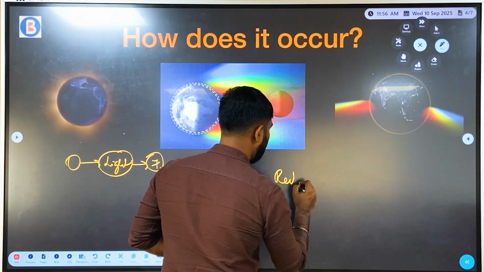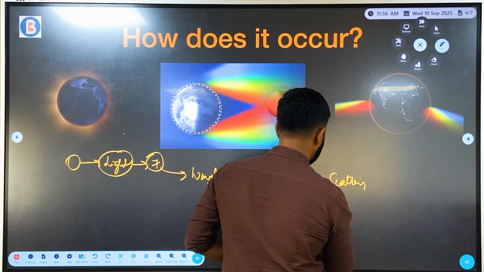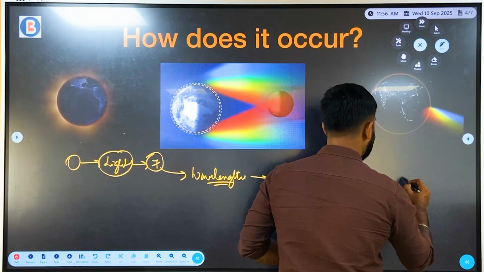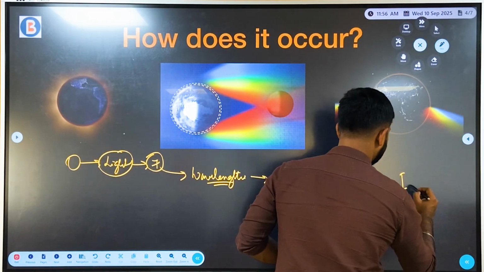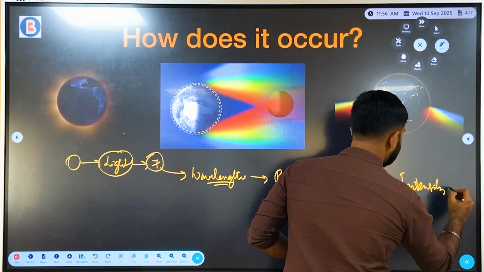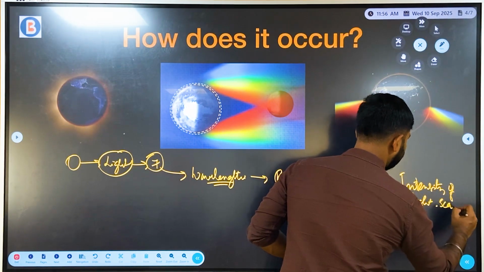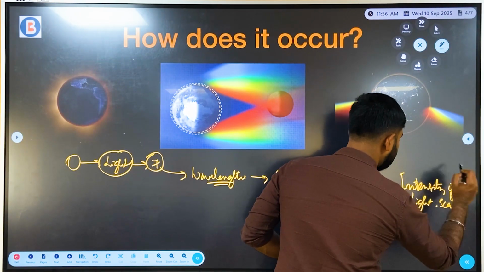According to Rayleigh's scattering phenomenon, the intensity of light scattered is inversely proportional.